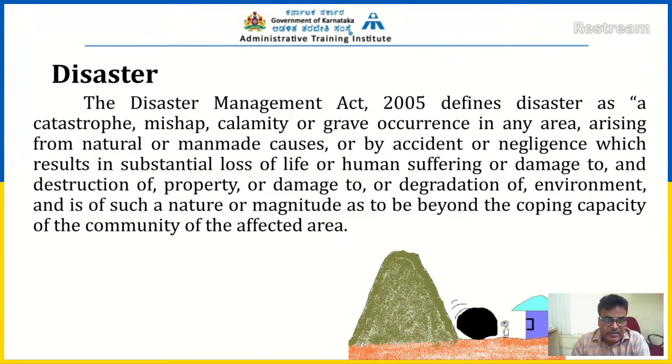That is also a definition, but the definition under the Act is more inclusive, because disasters can be due to negligence, or by accident, or due to human induced causes, or due to natural causes, and that may lead to loss of life, damage to properties, and also degradation of environment.